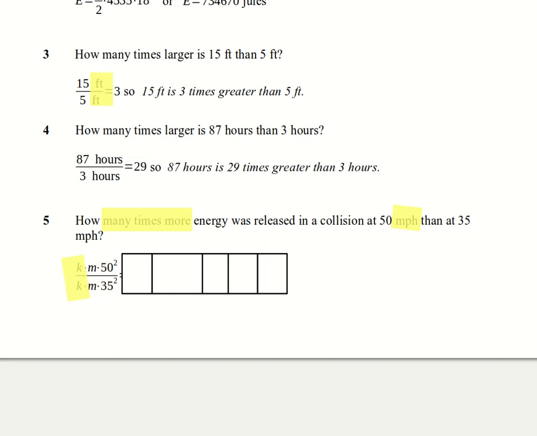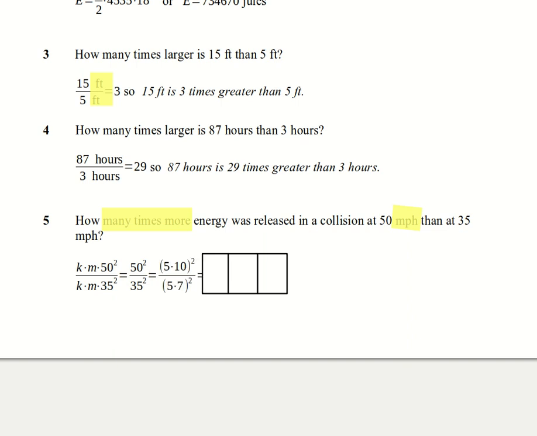So m stays the same. Which means that this becomes a much easier question very quickly. The k's cancel, the m's cancel, and we're left with 50 squared over 35 squared. Now you could put that immediately into your calculator, but let's look at the arithmetic. 50 is 5 times 10. 35 is 5 times 7.